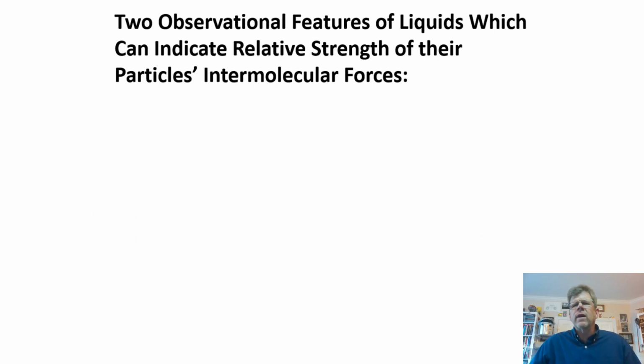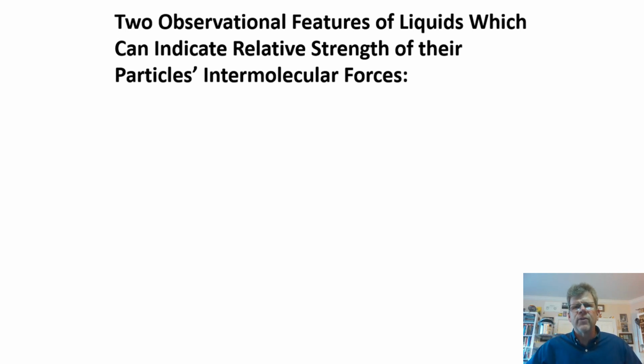So we're going to talk about intermolecular forces between particles on a particulate level, but also on an observational level. And there are two observational features of liquids in this case. We're going to stick with liquids. We are talking about liquids and solids, but liquids in particular.